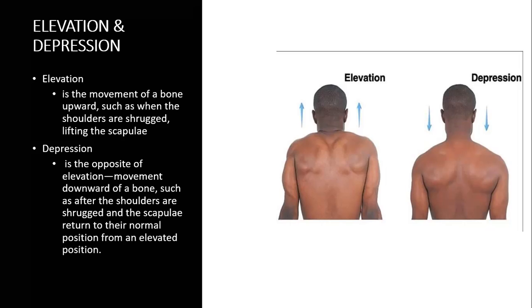So again, you'll see elevation and depression usually at the scapula, at the shoulder area. And this is a frontal plane motion. All right? Going up and down, up and down. So elevation and depression is a frontal plane motion.